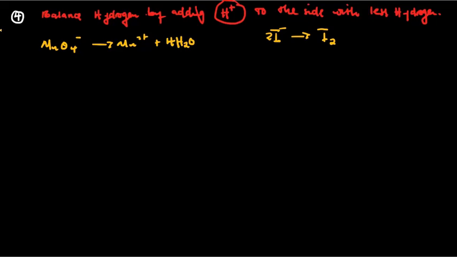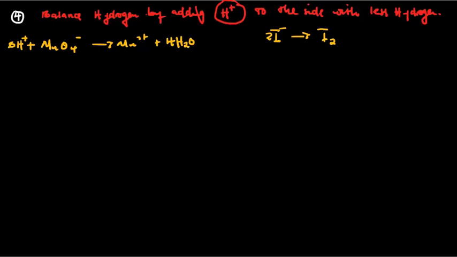So how many hydrogens do we have in this case? We have 4 times 2, we have 8 hydrogens. So those are the 8 hydrogens you are going to add. In other words, you are going to add 8 H plus. The hydrogens you are adding must be equivalent to the hydrogens that you have on the other side. If in this other equation we had hydrogen, you would have done the same.